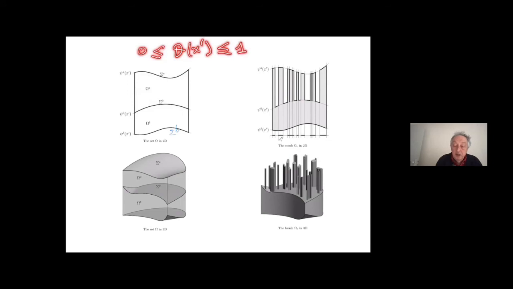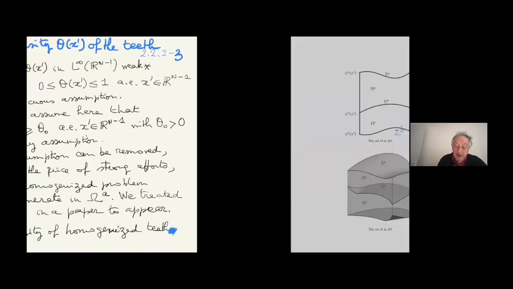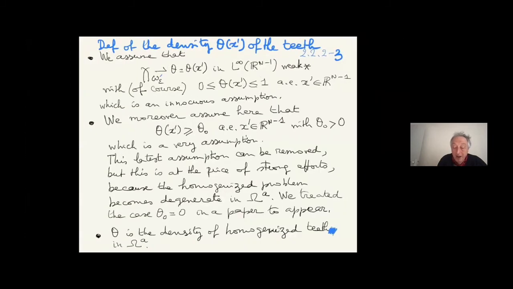But here in these lessons, I will assume that there is always a strictly positive density of matter, and more exactly that this density is more than a fixed theta_0 strictly positive. So there are teeth, not everywhere, but there is a positive density of matter in omega_A.